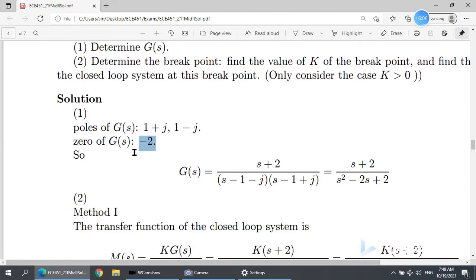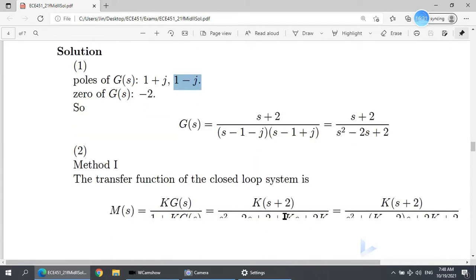Okay, then we know what is g. G's numerator is s minus the zero, right? s minus -2. And the denominator, we have s minus the first pole and s minus the second pole. So s minus this one is this part, and s minus this one is this part. Then you need to do some calculation.